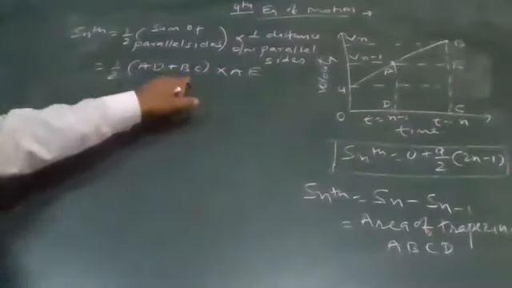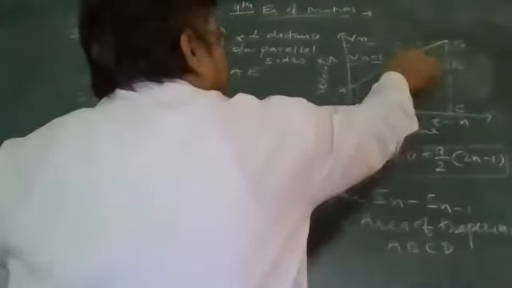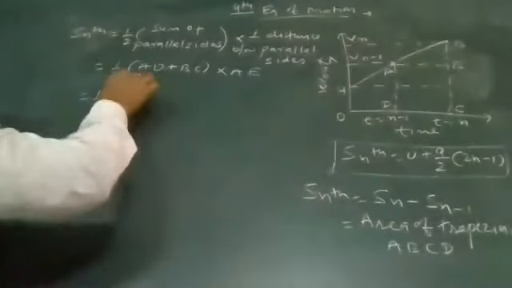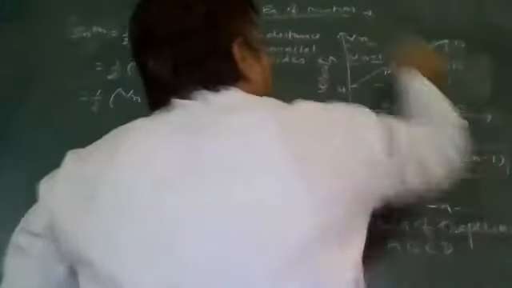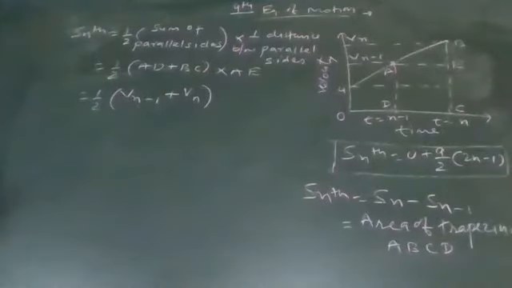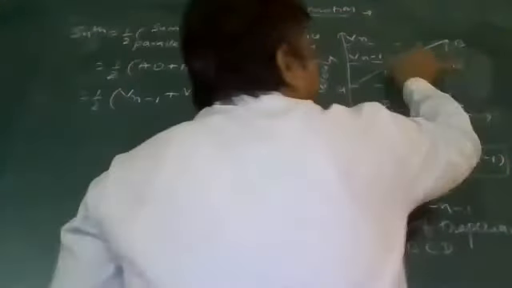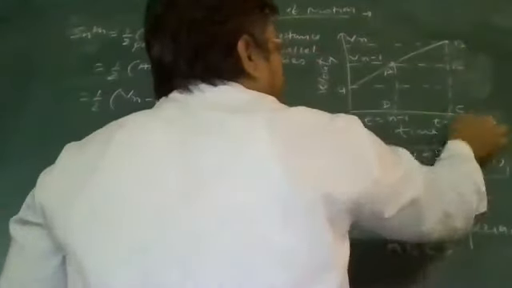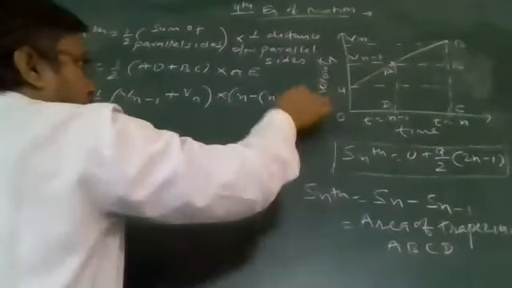Half of the sum of parallel sides into the perpendicular distance. What is AD? AD is Vn minus 1, the velocity at n minus 1 seconds, plus BC, which is the velocity at n seconds. It is Vn minus 1 plus Vn, multiplied by what is AE? It is the time, n minus n minus 1.